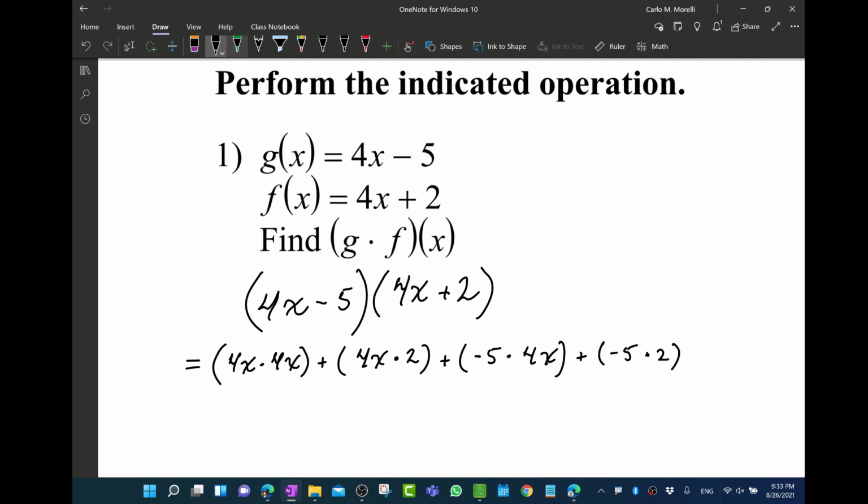So that's where the first, outer, inner, last comes from. First, outer, inner, last, FOIL.